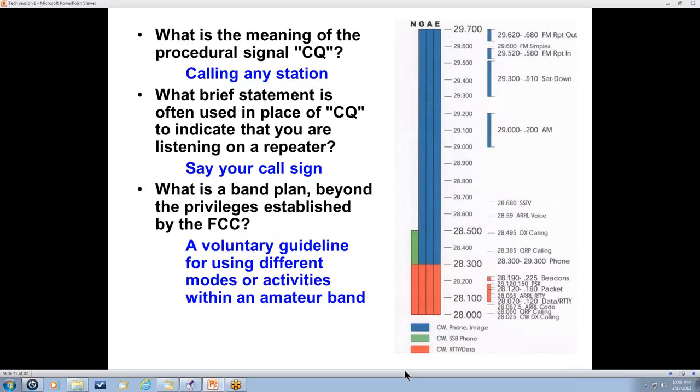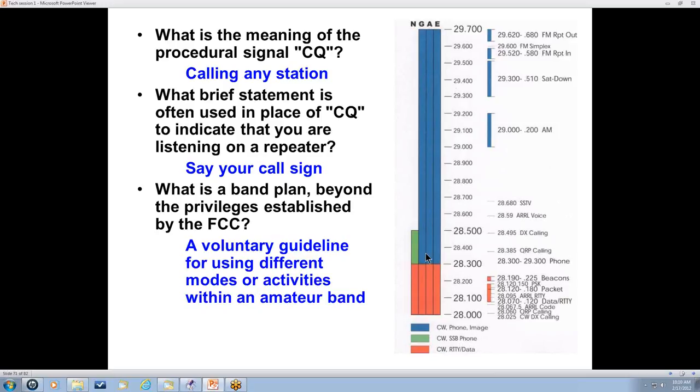If we look at this, we see that the red area is for CW, Morse code, and you can also do data modes there, keyboard modes like radio teletype and some other data modes. In the green, where technicians are allowed to operate, we can do CW, Morse code, or single sideband telephone, voice.